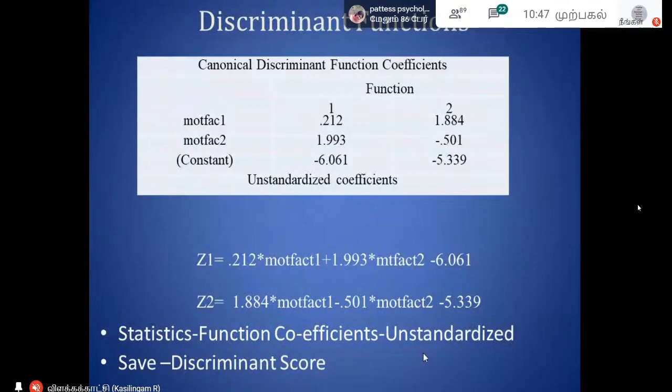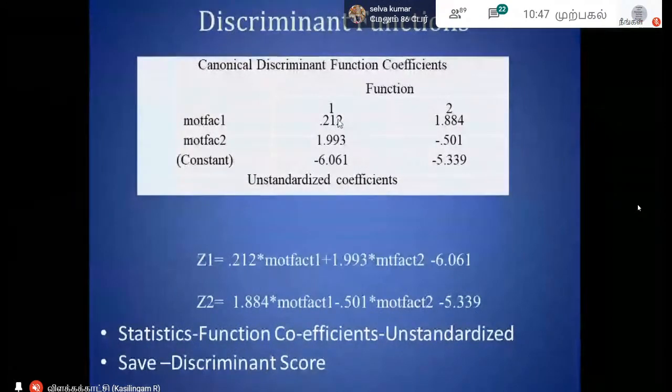Normally we write the regression equation Y equals A plus Bx, where the constant A comes in the end. This is B1, this is X1, this is B2, this is X2.